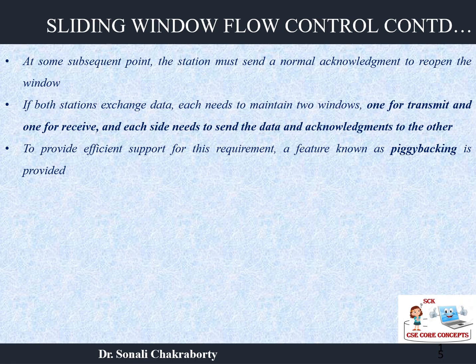When both stations are exchanging data, both of them have two windows, one for the transmitter and one for the receiver. The transmitter, that is the sender, keeps track of how many frames it has sent, and the receiver keeps track of how many frames it is expecting, right?